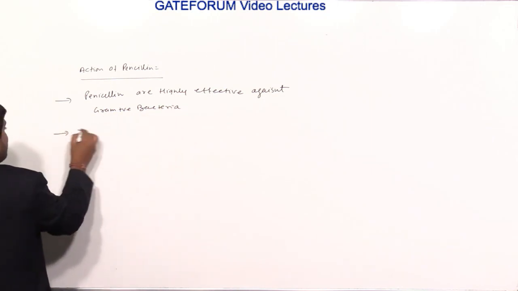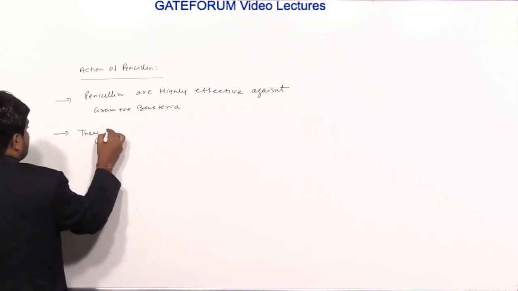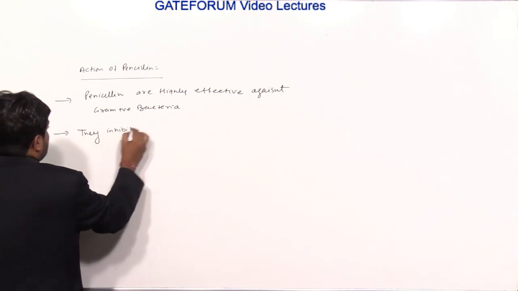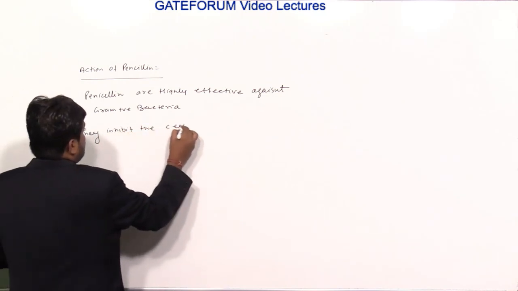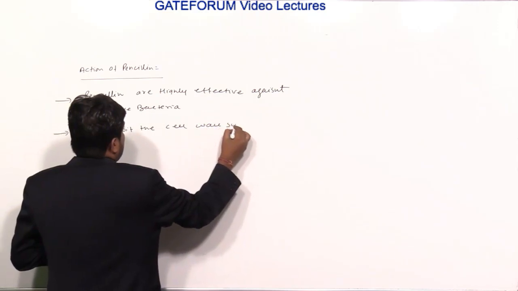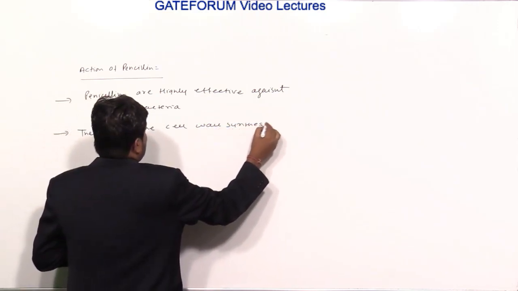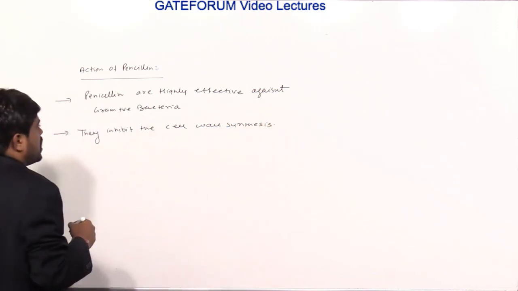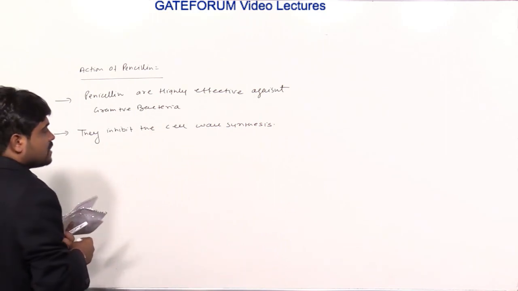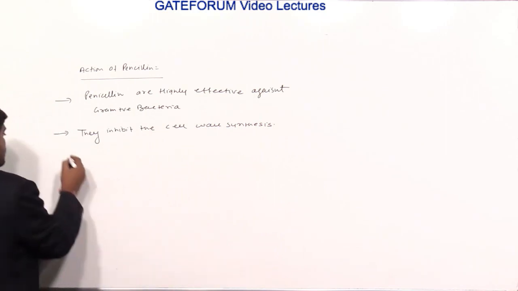They inhibit the cell wall synthesis. So how is the cell wall synthesis inhibited? Because they block the transpeptidation reaction.